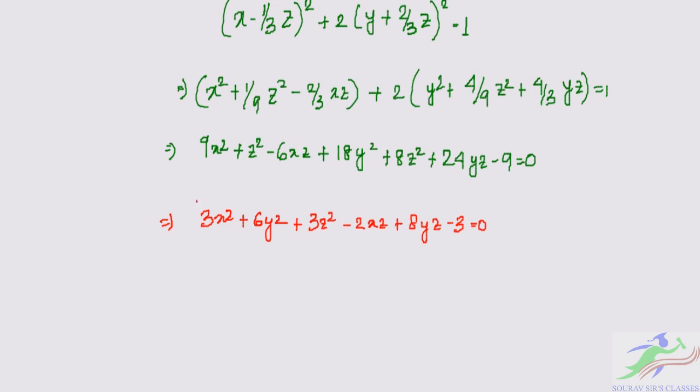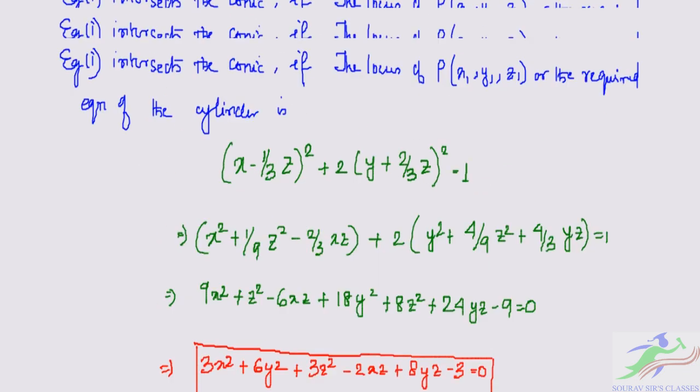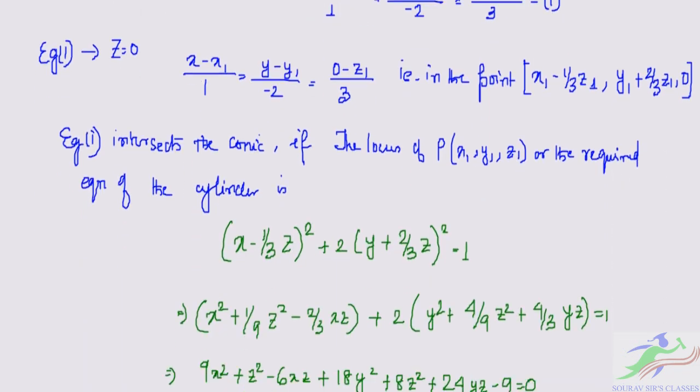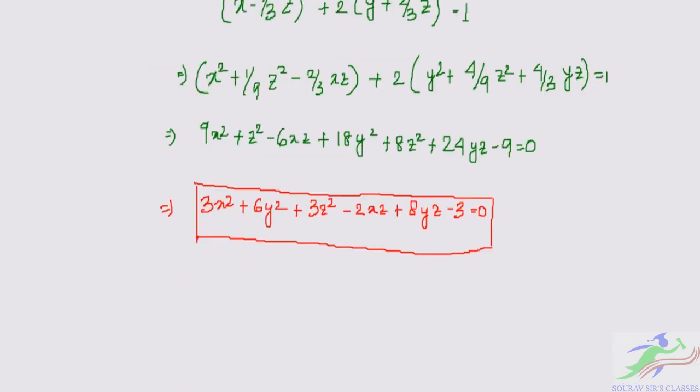So that is the equation. From the question, you have seen that we had to find the equation of the cylinder whose generators are parallel to the line. So this is the equation of the cylinder.